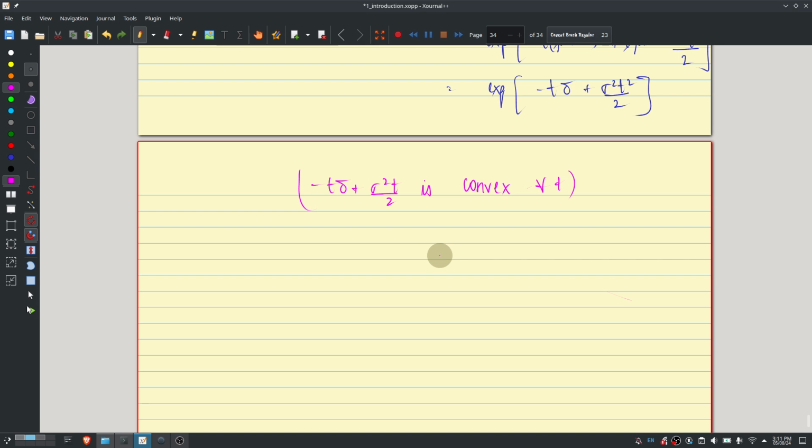Sigma square t square. So when is the minimum achieved? It's equal to delta by sigma square. And what is the minimum value of the exponent?